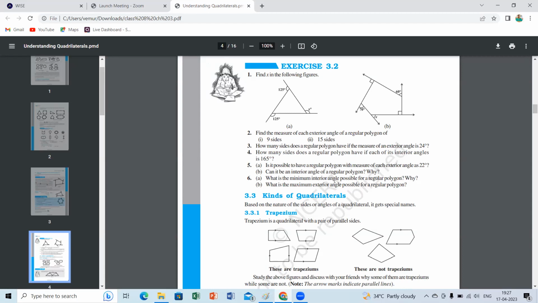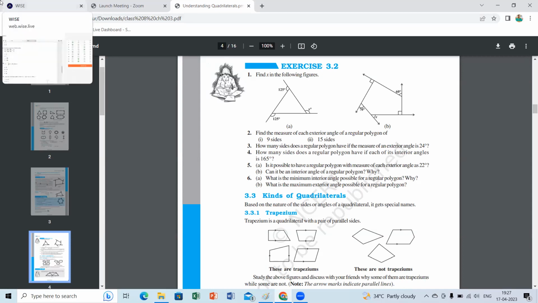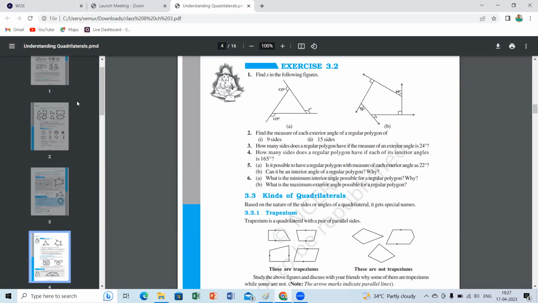An equilateral triangle is a regular polygon. So in an equilateral triangle, what is the angle, children? 60 degrees. So you can write the minimum interior angle possible for a regular polygon is 60. They're not asking about exterior, beta.